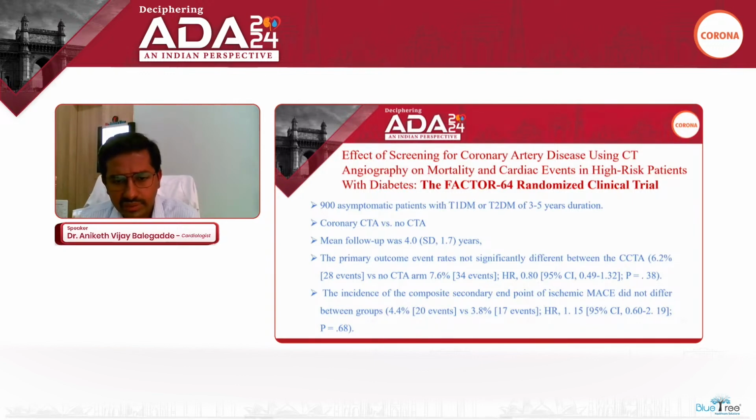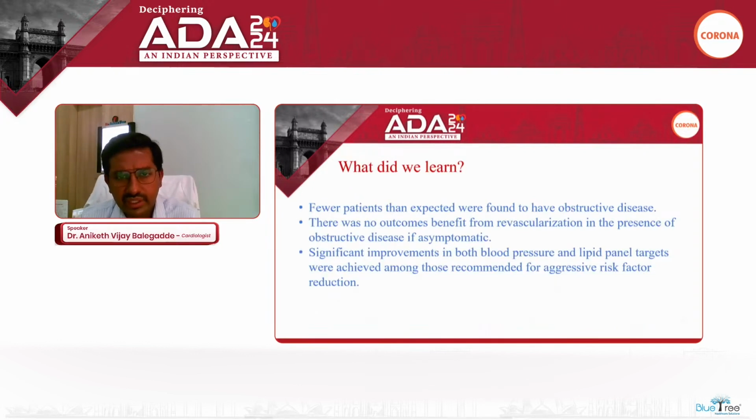Again, when you divide them into two groups, those who underwent CT angiogram and those who did not, the incidence of the composite endpoint did not change between the two groups. So what did we learn from these two trials? How do you screen for obstructive CAD, either by stress testing or by CT angiogram? Fewer patients than expected were found to have obstructive disease. There was no outcomes benefit from revascularization in the presence of obstructive disease which was symptomatic.